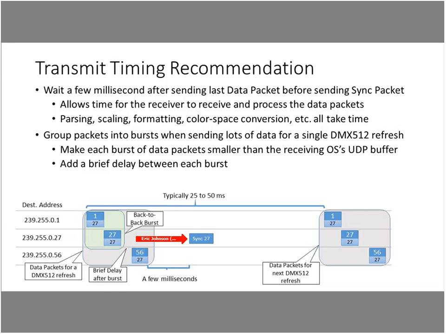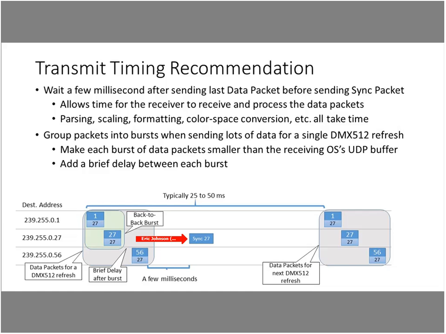And allowing, as Eric said, the data to get through the network and also the fixture to take a breath and process the data and have it ready to output. And this is another key thing, a little more on the receiver side: if you're in a synchronized system and you support sync, you'll want to do all of the processing of the data that you can in advance, before you get the sync packet.